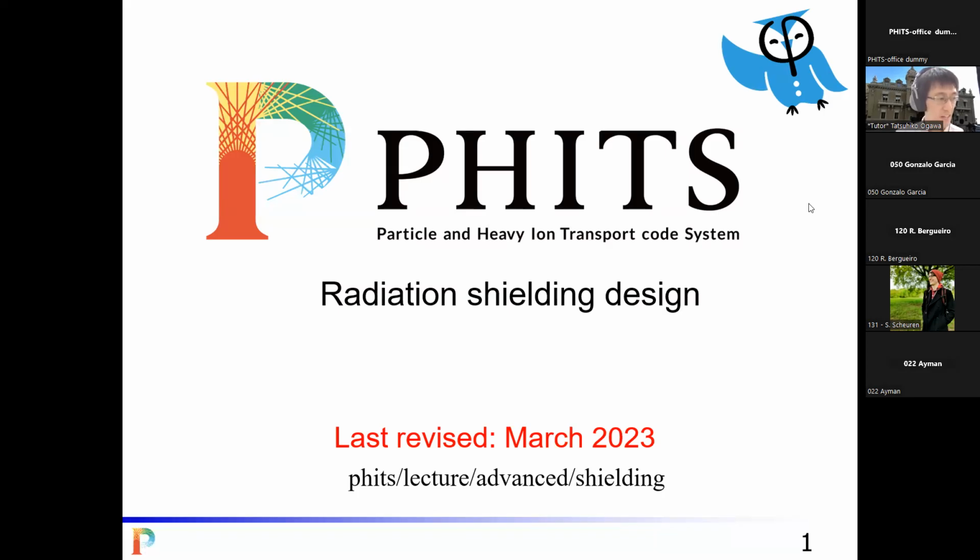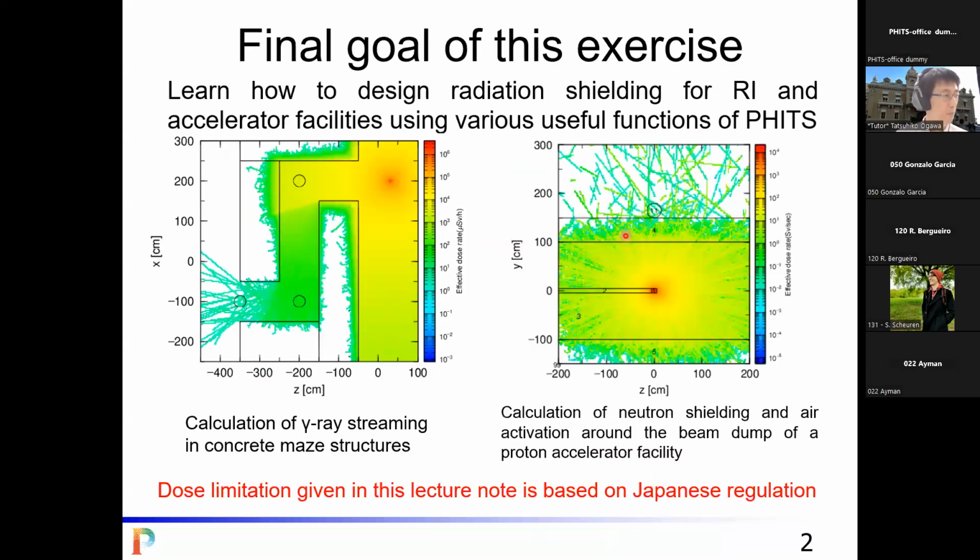Radiation shielding design. As pasted in the Zoom chat, we are at the FITS Lecture Advanced Shielding folder. We are here. So let's begin.